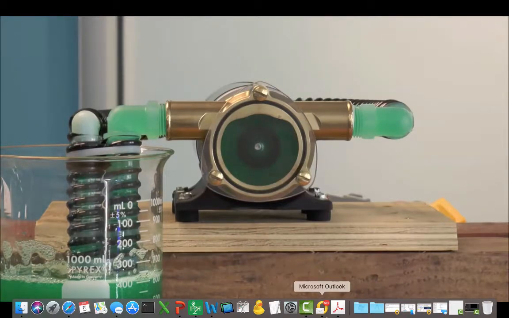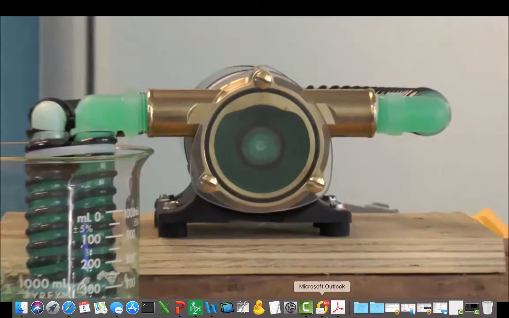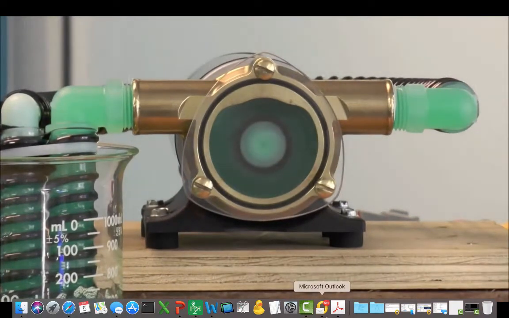Let me turn it up to 12 volts. That's 12 volts. That pump is running full force.